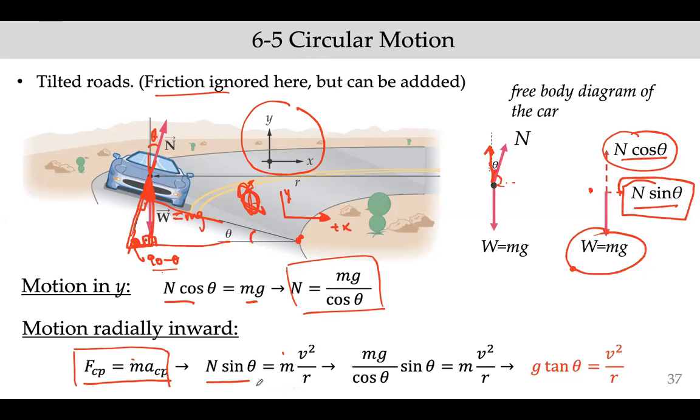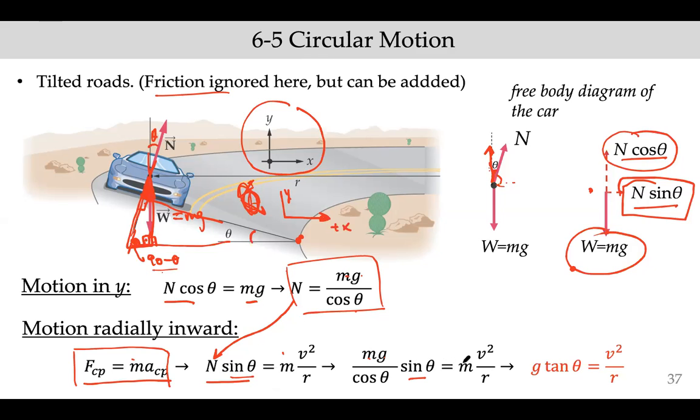Now what we can do here is plug in the normal force. So it's going to be mg over cosine theta, times sine theta on one side, and on the other side, we have mv squared divided by r.